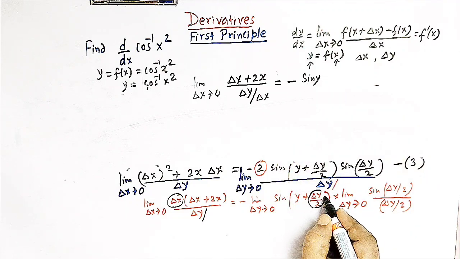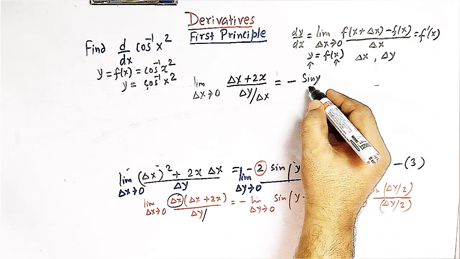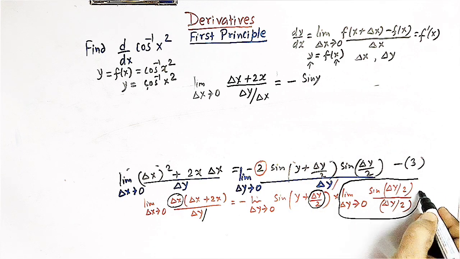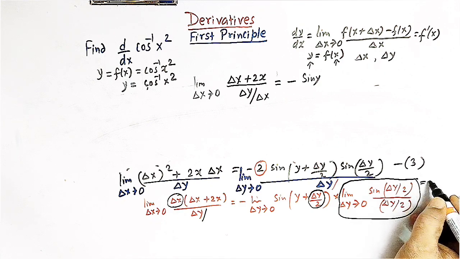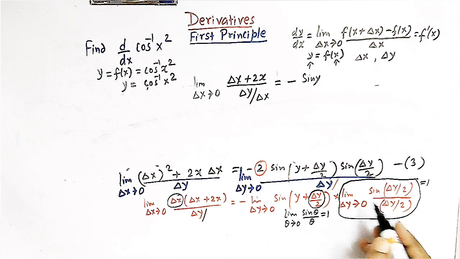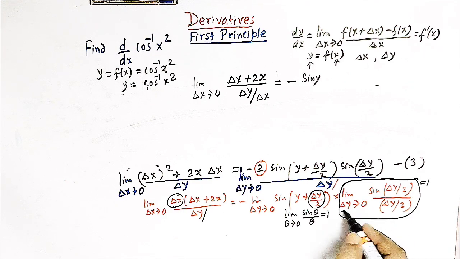So this term is 0, and we are left with simply sine y, and the value of this limit is equal to 1, because we know that limit theta tends to 0, sine theta over theta is equal to 1. And remember, when delta y tends to 0, then delta y over 2 also tends to 0.